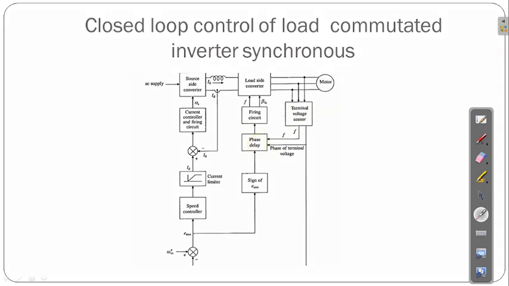So if the speed is increasing, at the same time the speed controller is used, and after that there is a current limiter which limits Id. Here the DC voltage comes, and this current limiter shouldn't let the current cross the particular limit.